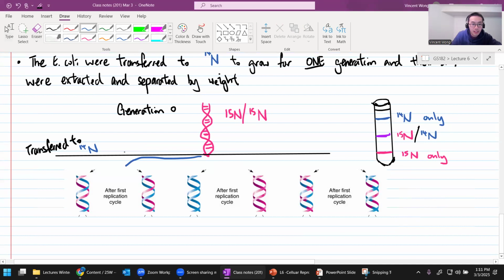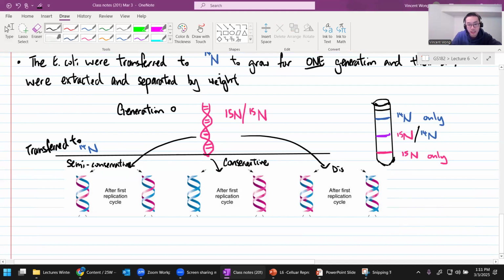We have the semi-conservative over here. This here in the middle is conservative. And over here on the right, it is dispersive, right? So this is generation one.